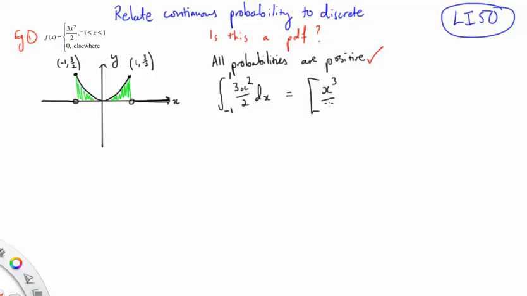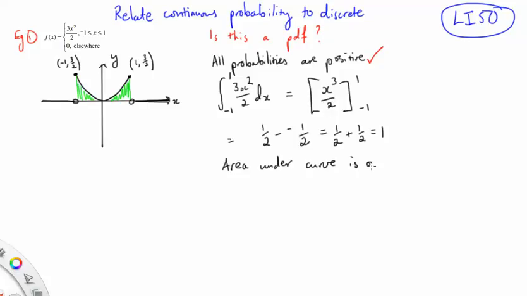We get x cubed on 2 from -1 to 1, which equals a half minus negative a half, which equals a half plus a half, which equals 1. All probabilities are positive, and area under the curve is 1. So we've satisfied both conditions. This is indeed a probability density function.